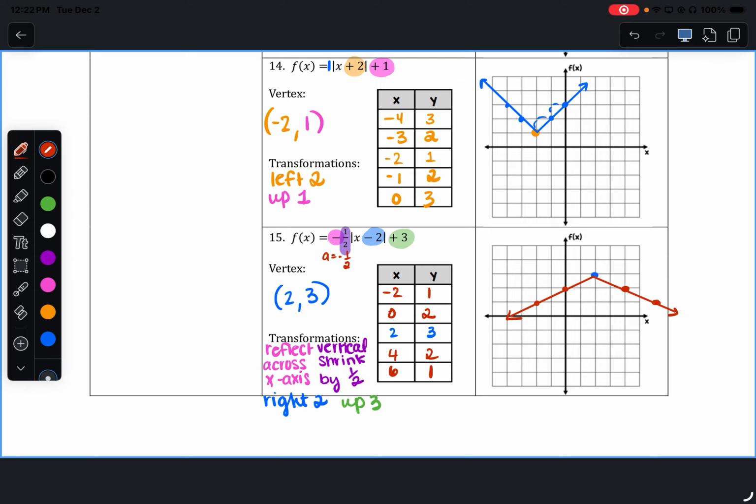So for question 1, what is the transformation happening on question 1? It is a vertical stretch of 3. Okay. So it's a vertical stretch by 3. Does a vertical stretch affect the vertex? So what's the vertex? Okay, so we're going to put that point at 0, 0.